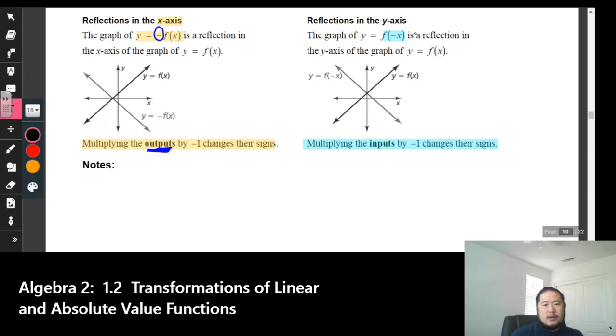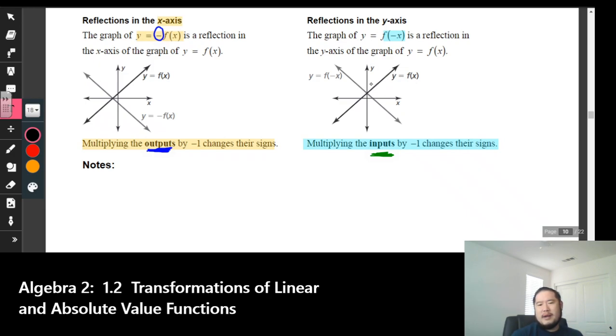When it comes to the reflection in the y-axis, that is input only. Okay, so you're not going to multiply the entire function by the negative, only the x will have the negative, and that's what they're showing you right here. In parentheses, you have the negative x, and that will reflect across the y-axis.